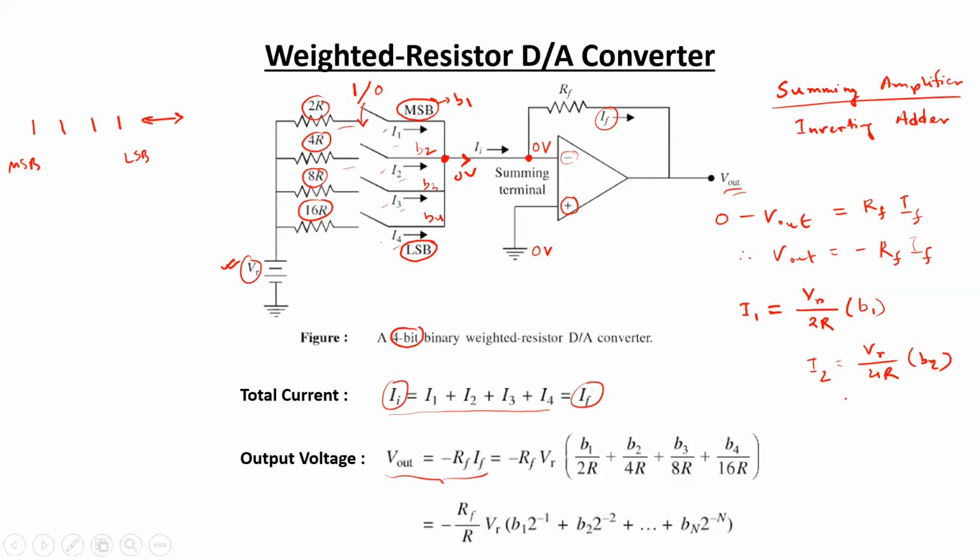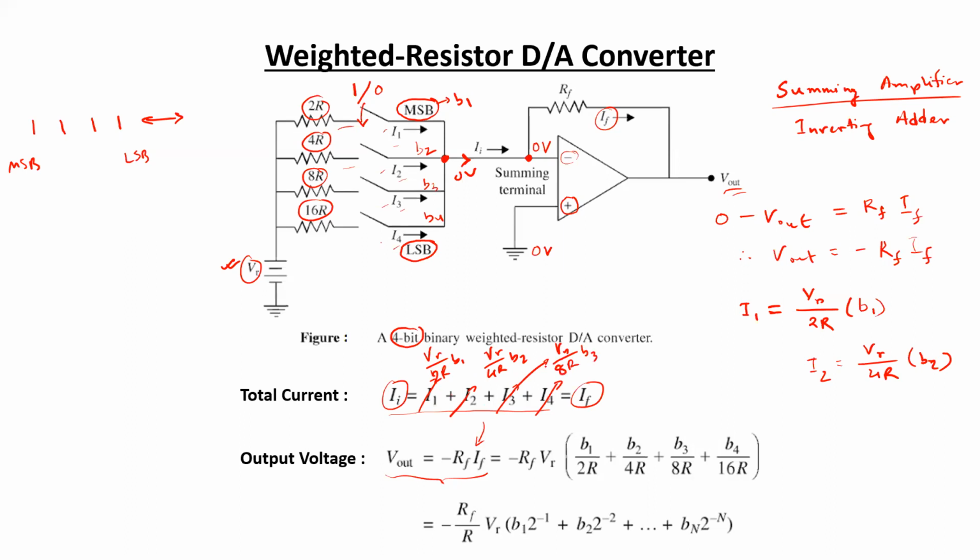In this way, for the rest of the two branch currents as well, we can represent them in terms of the reference voltage, resistance, and the status of the bit. So if we replace all these currents in terms of their voltage and corresponding resistance, and put that expression over here: VR divided by 2R into B1, VR divided by 4R into B2, then here VR divided by 8R into B3.